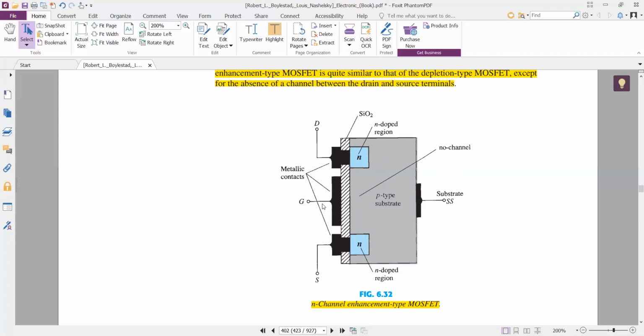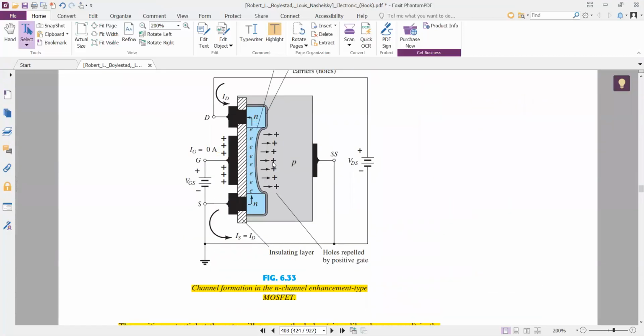So let's say we apply positive voltages between gate to source. Now what will happen? Positive voltages have been applied between gate to source. What will happen? The gate becomes more positive as compared to ground.